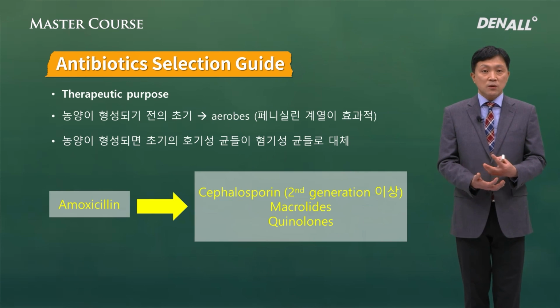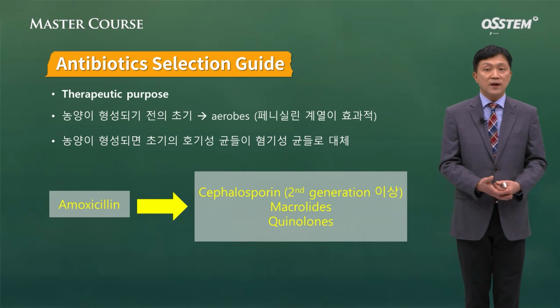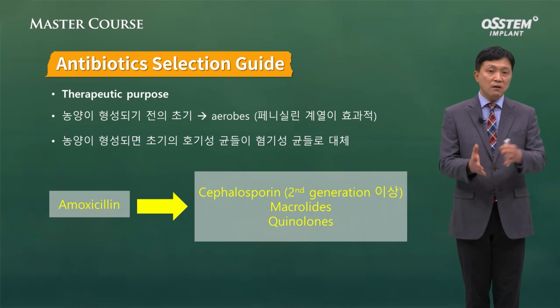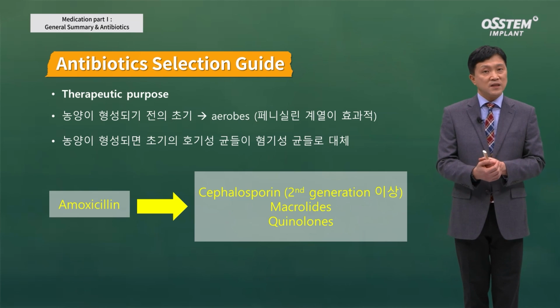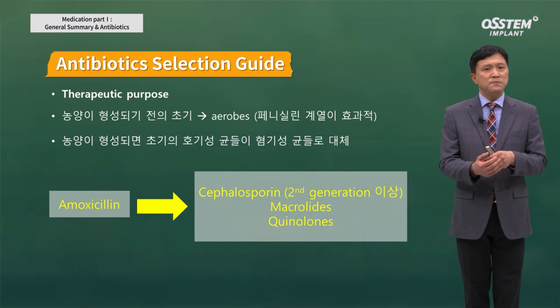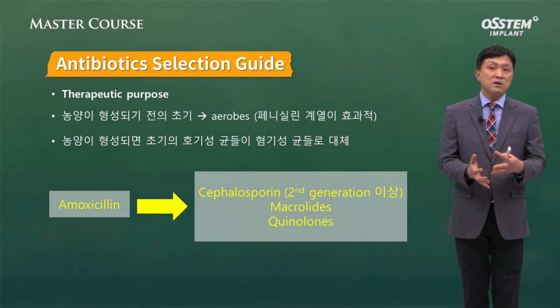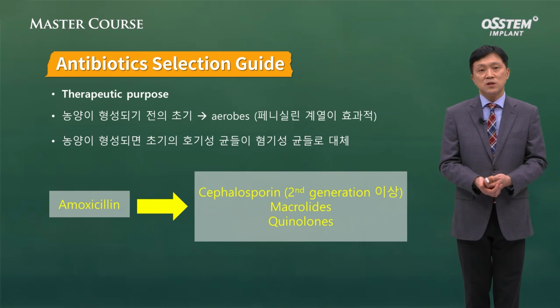Once pus is made, second generation cephalosporin or above, macrolides, or quinolones need to be used. So you'd better not use the second group of antibiotics from the beginning. And if there's swelling, you need to use amoxicillin. When pus is made and the situation is localized, antibiotics need to be changed.